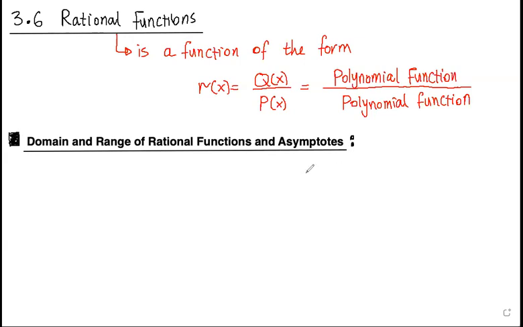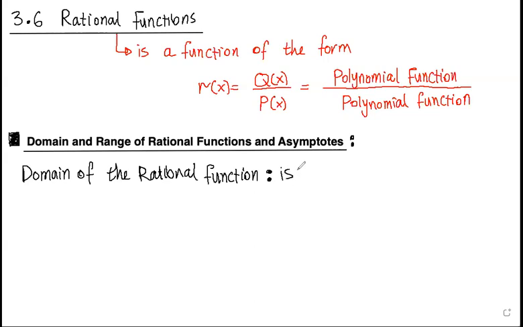Okay, first of all, what is the domain of the rational function? So the domain of the rational function is always R, is always the real numbers.